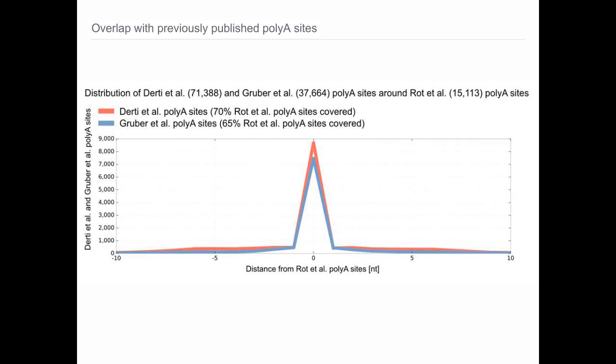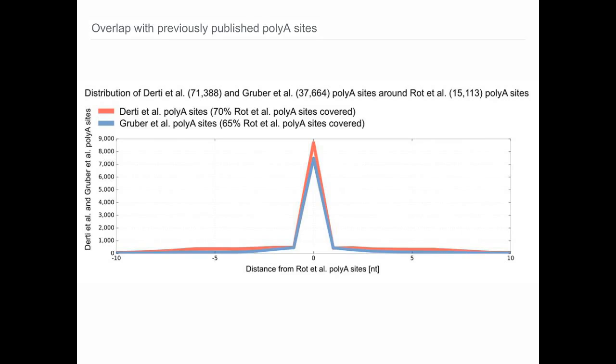And the immediate next question is, if you have your own data set, you would like to understand if the polyA sites that you are detecting are valid sites. So if other people already detected this polyA site that we are looking at.